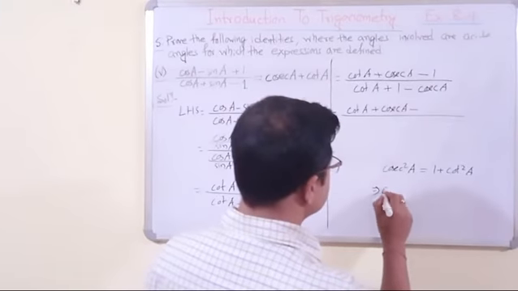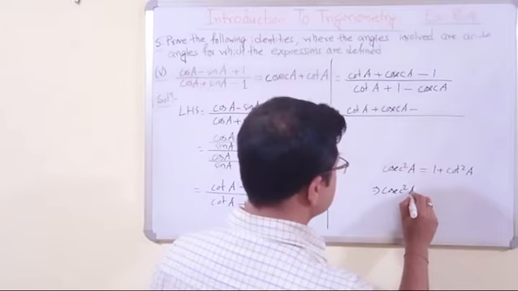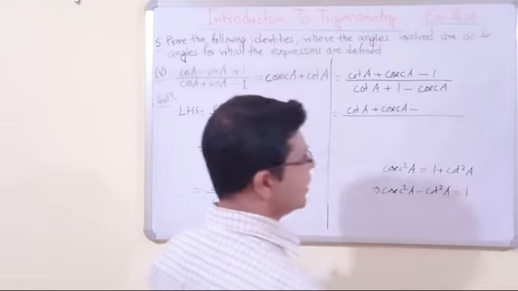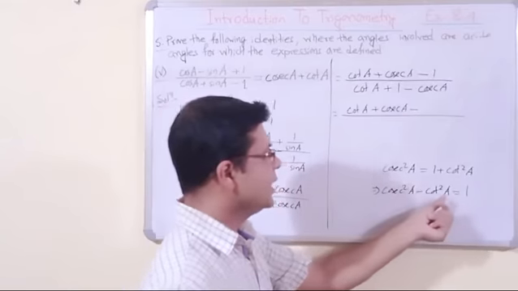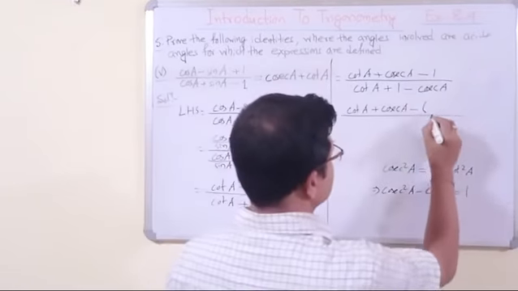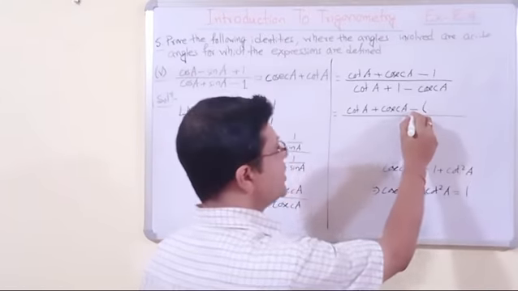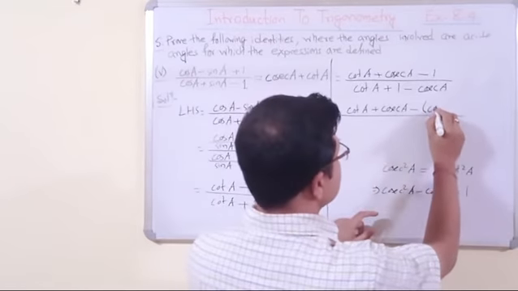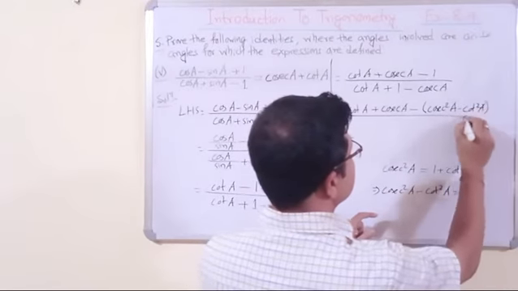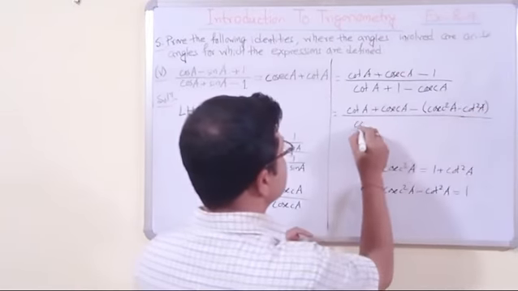What we will get? In place of 1, let us apply cosec square a minus cot square a. As the minus sign is there, we shall take the help of a bracket. So this is (cosec square a minus cot square a). The denominator will remain same.